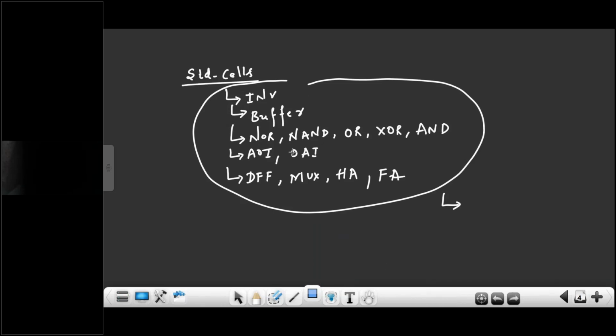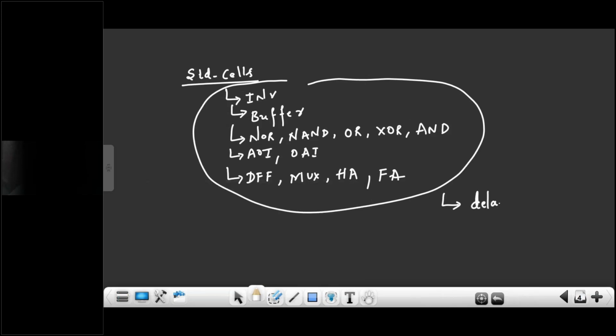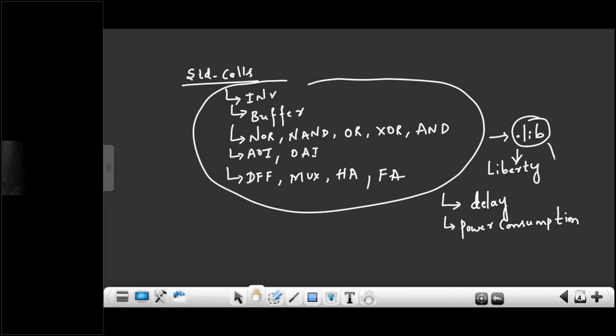For all these cells, they will calculate the delay of a cell, the propagation delay. They will calculate the power consumption. And this information they will give in a file called a .lib file. The .lib file is also called the Liberty file, also called the library file.